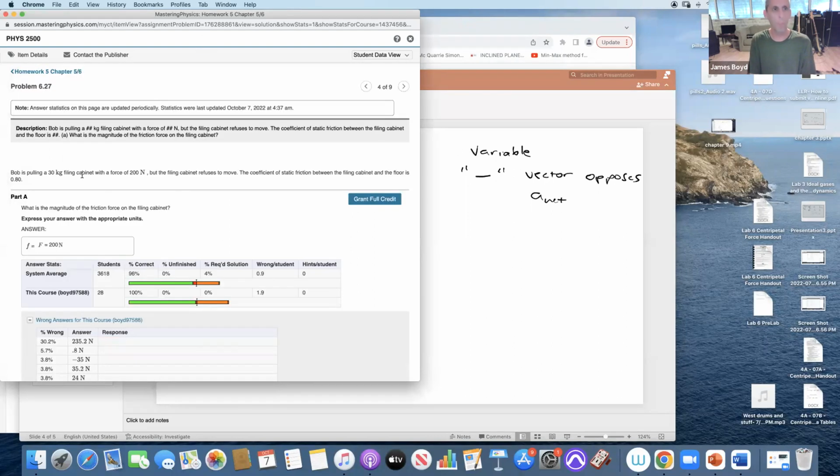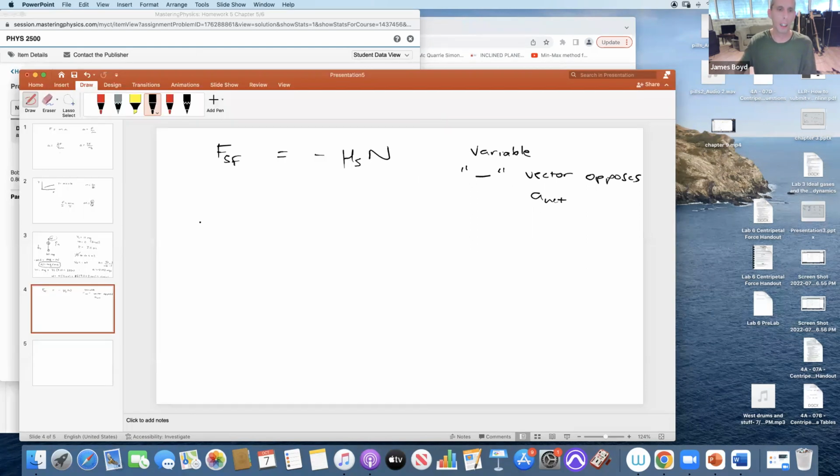So we have Bob pulling a 30-kilogram filing cabinet with a force of 200 newtons, but it won't move. And we're told the coefficient is 0.8. So mu is 0.8 in this case.